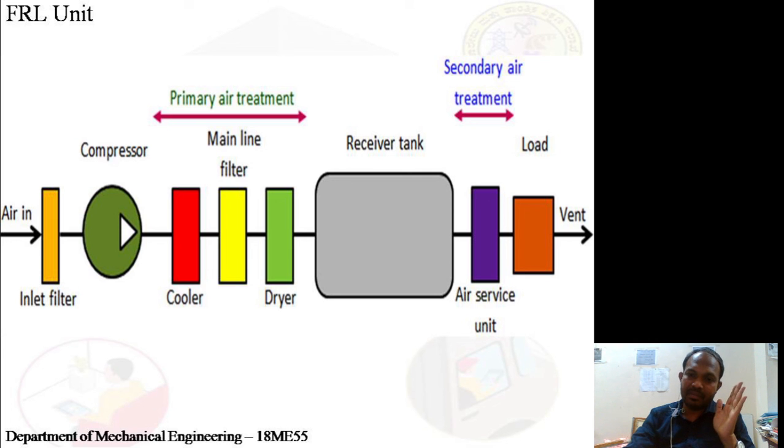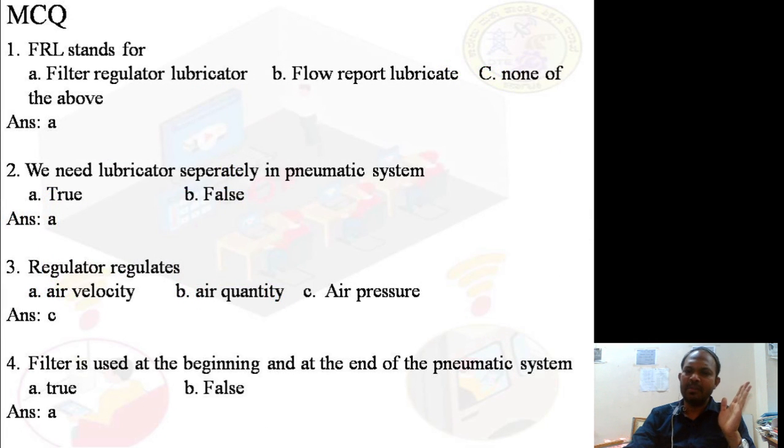Maybe the reason is that we have already filtered it twice, and the same air used for extension in the actuator is used for retraction on the other side, so it is not so harmful to the atmosphere.